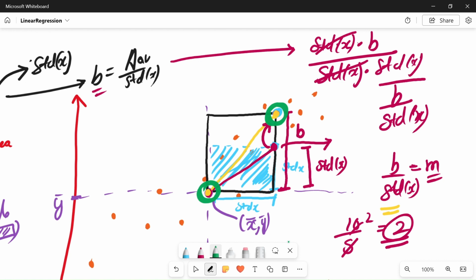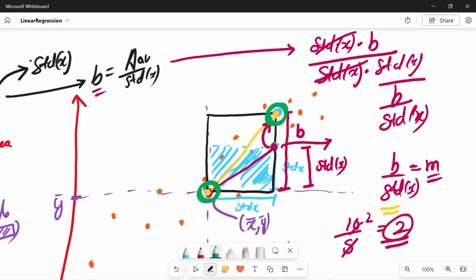While minimizing the RSS, it actually tries to cover the variance. It actually tries to cover the variations of the maximum amount of points. The majority of the points it tries to cover. It tries to explain the variance of the majority of the points.